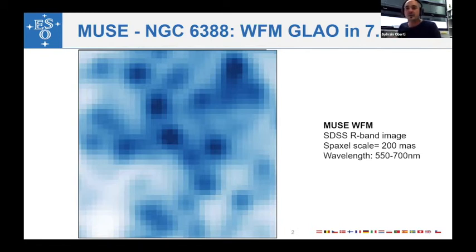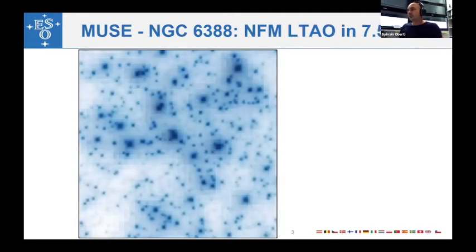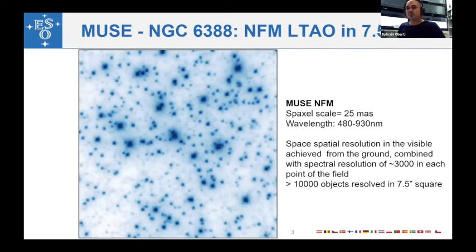When we turn the narrow field mode on, we get this kind of spatial resolution, something that is defeating HST from the ground, better than 50 mas in the visible, and providing in a small square of 7 by 7 arcseconds more than 10,000 resolved objects, for each of these pixels to get a spectrum with a resolution of 3000. So this is really a machine for observing deep these kind of globular clusters.